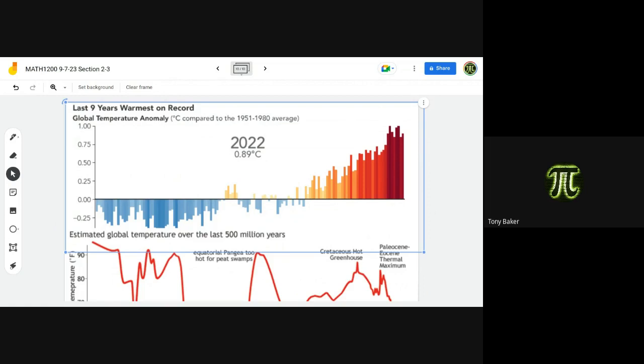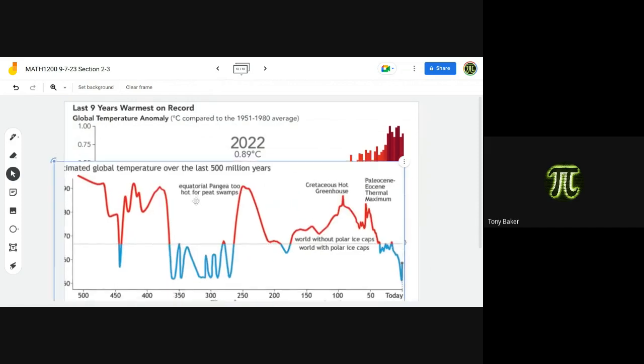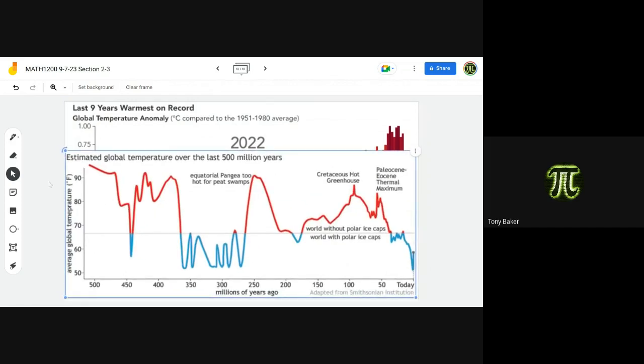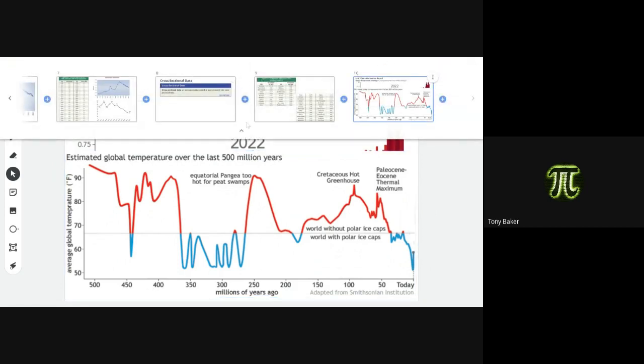Even 90 to 91, most people aren't going to notice it. But if you look at it over the whole world, with places that are cold and places that are warm, the average does make a difference. So look at graphs, look at why they're done, and how they're done, and look at the information around them. Those are the things that are going to make a big difference.